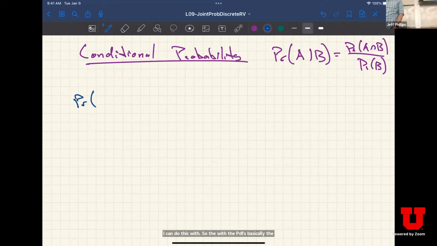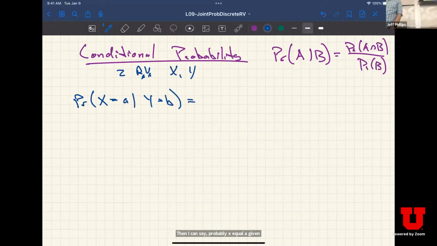So if I have two random variables now, x and y, then I can say the probability x equals A given that y is equal to B, right?